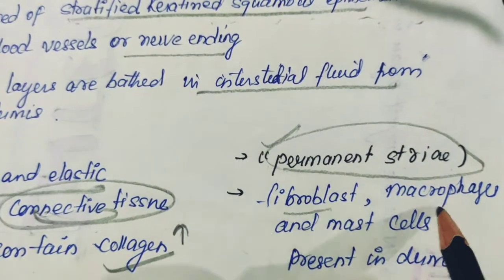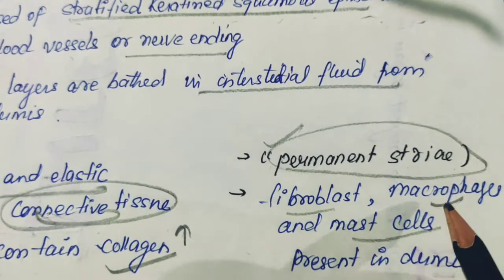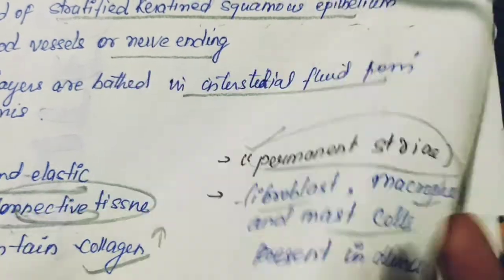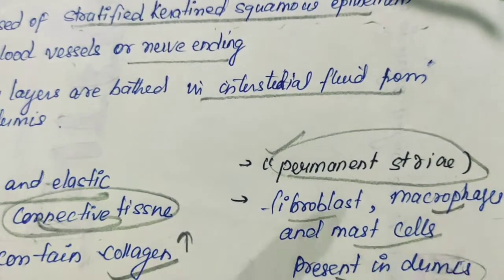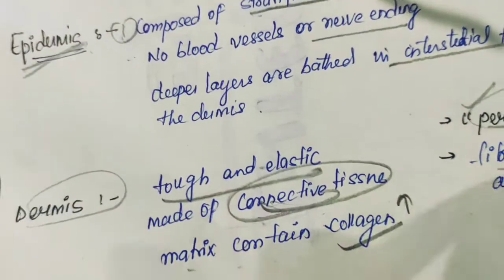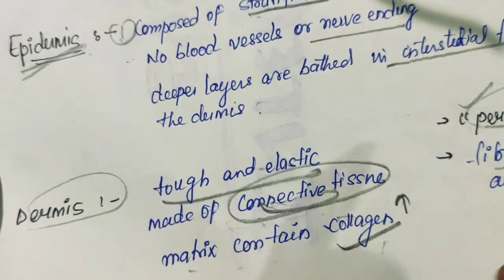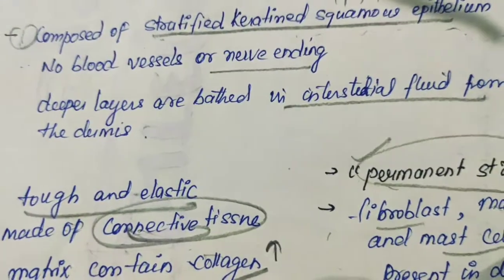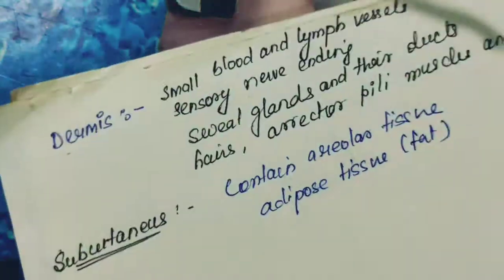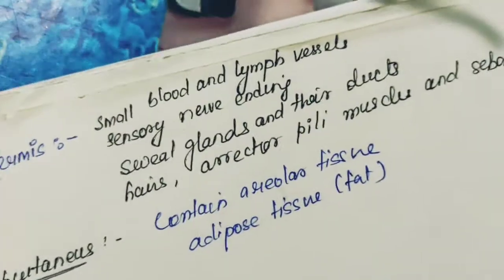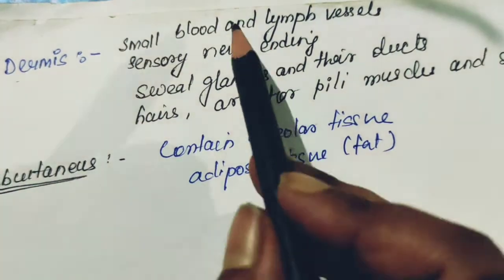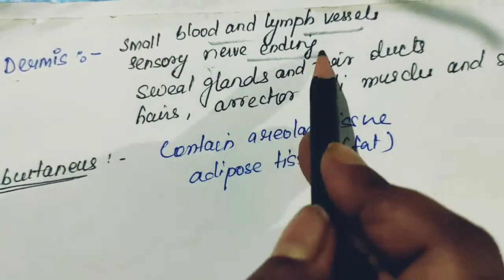It contains fibroblasts, macrophages, and mast cells; macrophages are the cells which help protect against microorganisms. So connective tissue, collagen, permanent striae, fibroblasts, macrophages, and mast cells are present in the dermis. In the dermis, we also have small blood and lymph vessels, sensory nerve endings, and sweat glands.